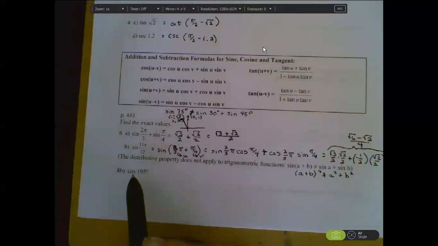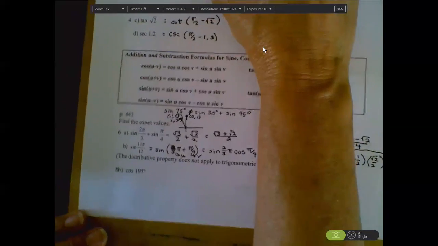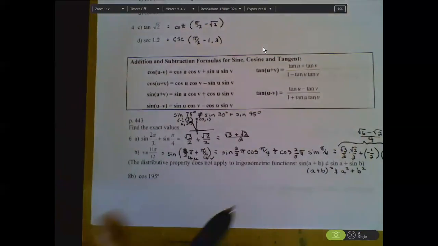On number 8, we're not given that hint. So we do have to think of two angles that we have memorized on the unit circle that either add or subtract to give us 195 degrees. And all of us could come up with a different way to split that 195.